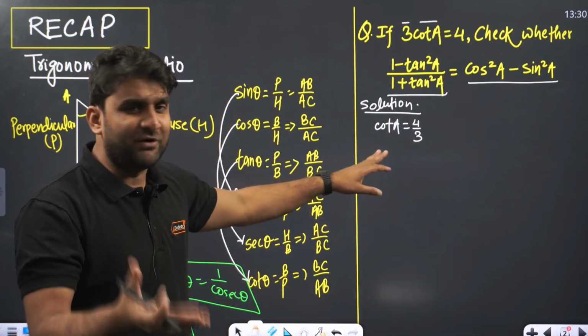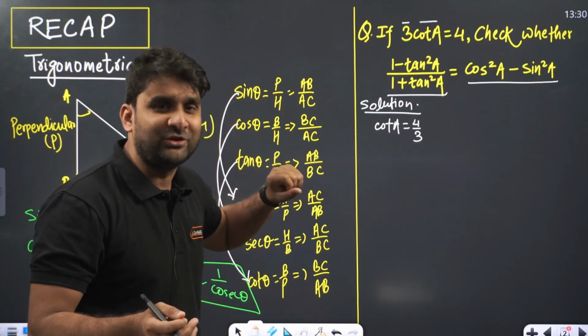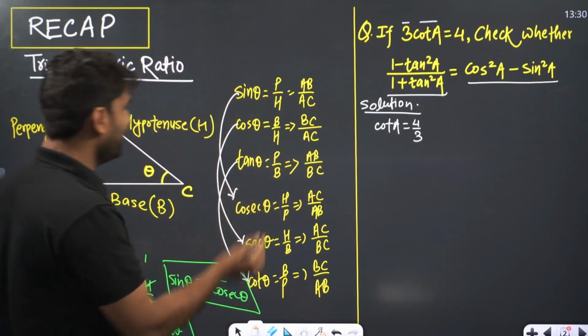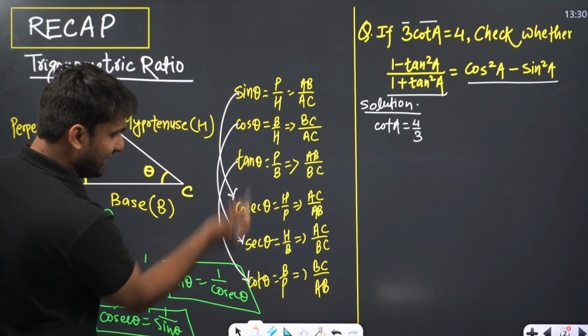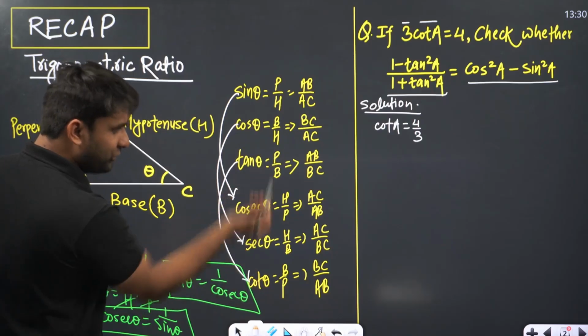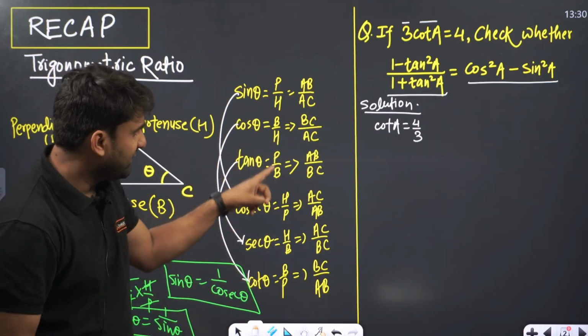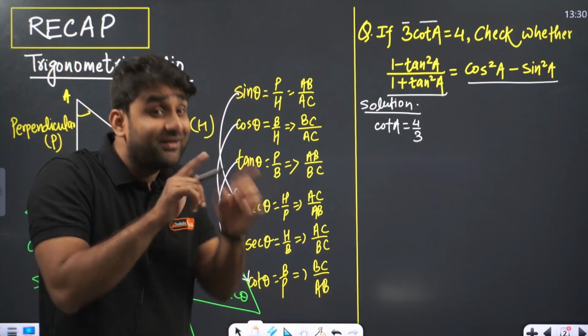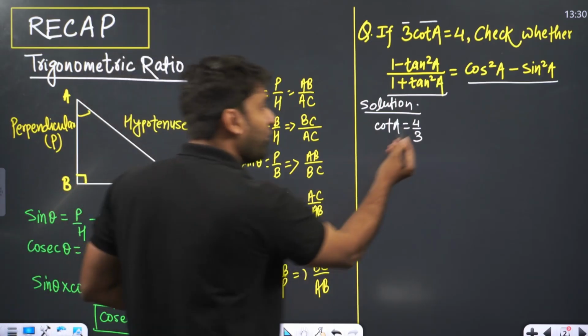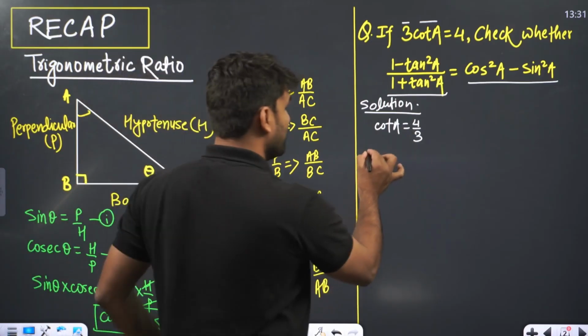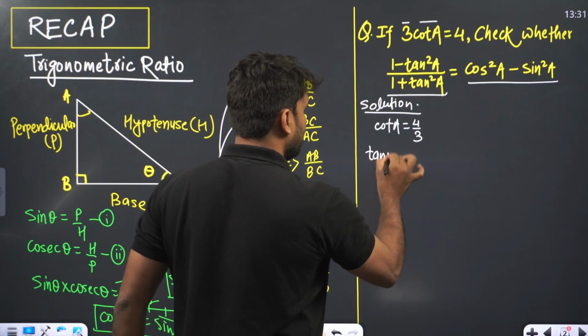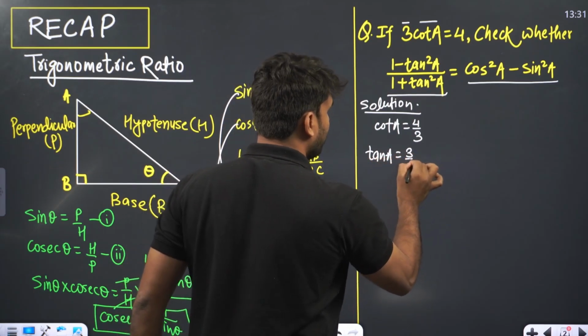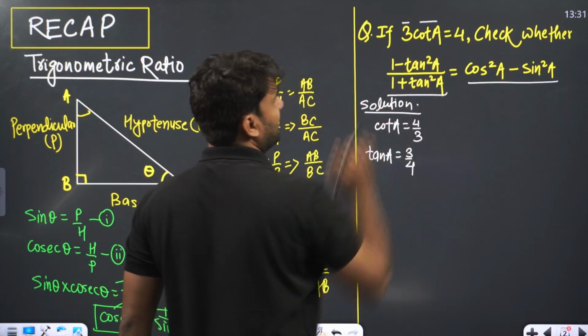And it is confirmed that if cot A is equal to 4 by 3, so what will be tan A? Tan and cot both are reciprocal. Look, tan is perpendicular by base and cot is base by perpendicular. So both are reciprocal of each other. So if cot A is equal to 4 by 3, my dear, we can directly write tan A is equal to 3 by 4. And because we require tan here in the LHS side.